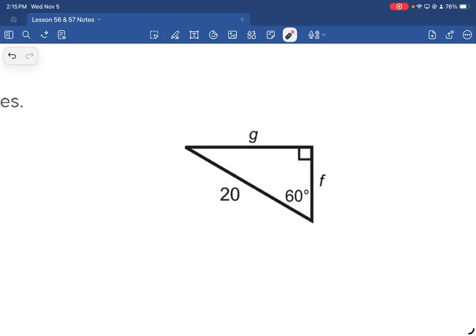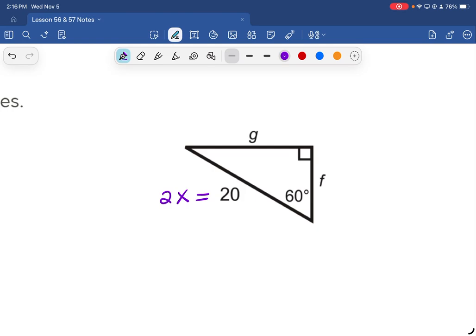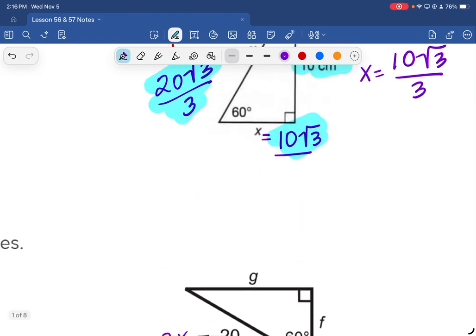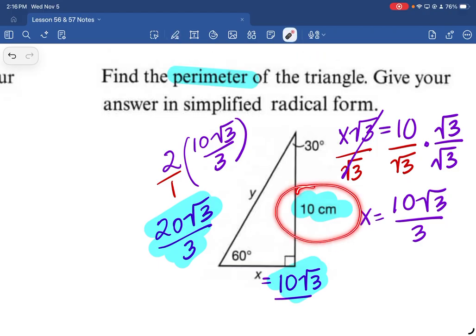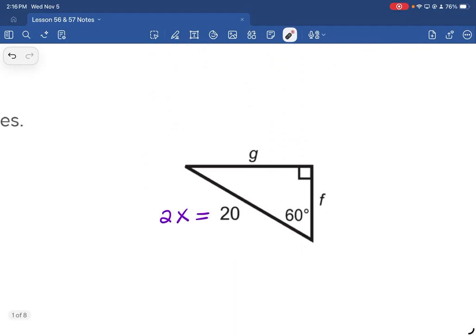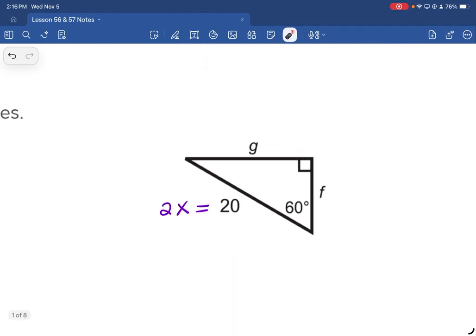You set this equal to the formula. So because it said 2a, well, I'm going to use x. You set them equal to each other, kind of like we did up here. You see over here where we took this and we set it equal to the formula, which is x root 3? Same thing. You set this equal to the formula. So because the hypotenuse is 2x, you set these two equal to each other, and then you solve for x.